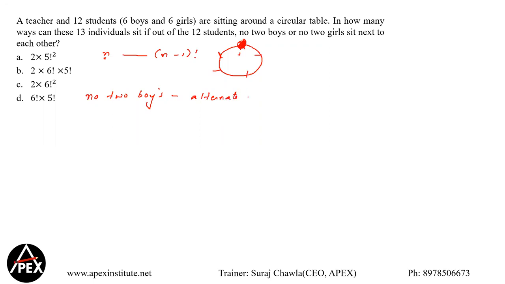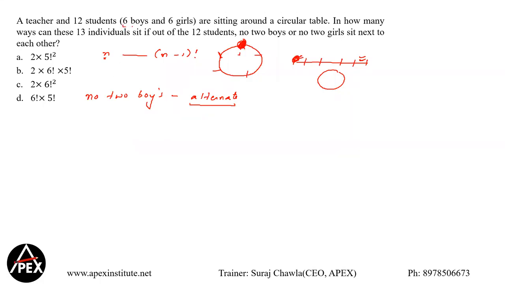Reason being, when you have a linear fashion, let's say arrange 1, 2, 3, 4, this place is also considered and this place is also considered. If you remember, for no two boys together, we discussed the number of places created is one more. But when you go in a circular fashion, you don't get this extra space available. So alternate arrangement is the only way to go when you're going with circular fashion.